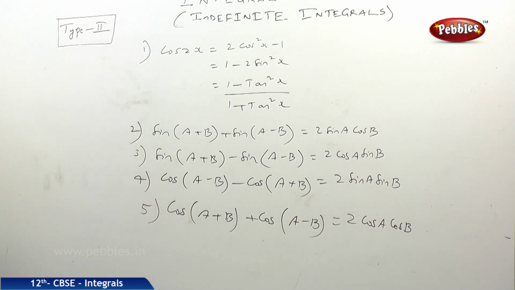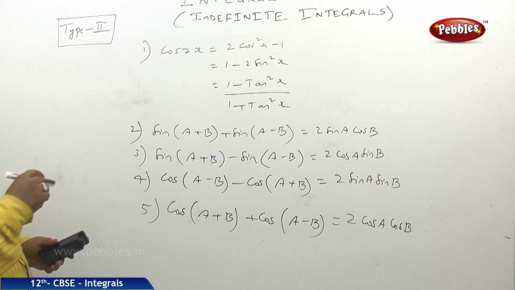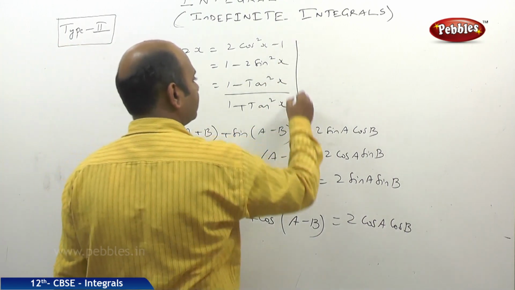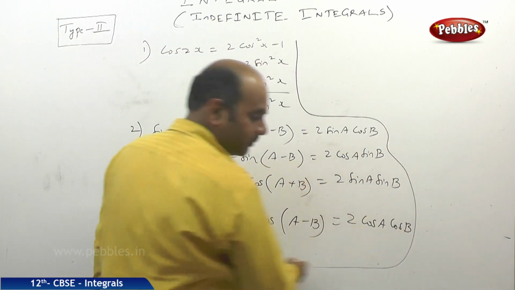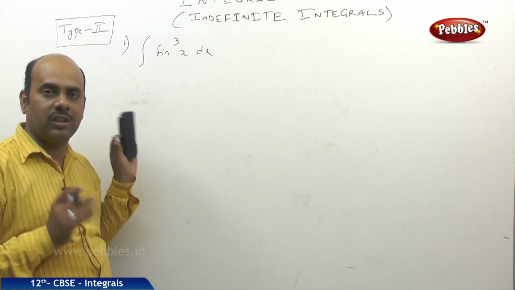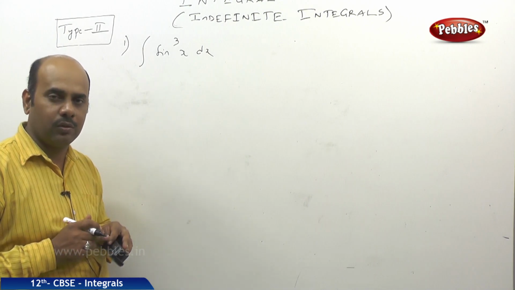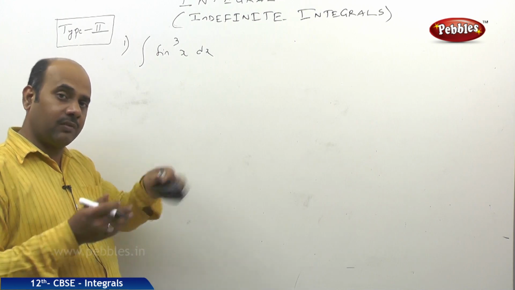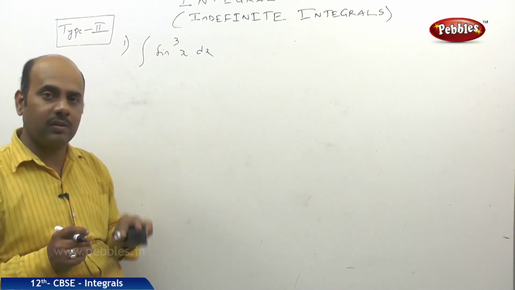I'll be taking a problem. Now if suppose in an examination a question is asked to you, integral of sin cube x dx. We don't know any formula, but we know the conversion of this function into some other function.